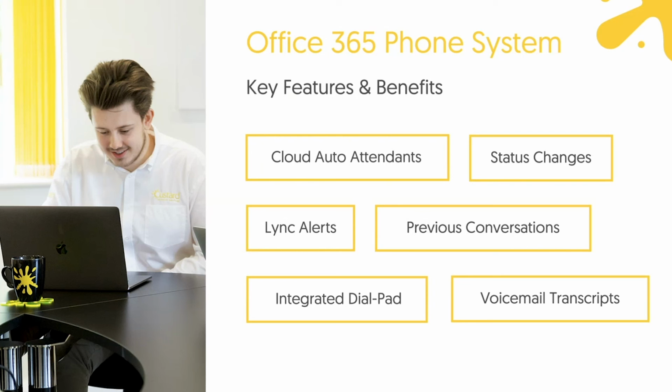So by default, you've got the available status, you've got a status called busy, and there's various other system statuses. So an example of where they might come into play is if you had a meeting booked in between 2 p.m. and 3 p.m. The system, Teams, will know exactly when you're going into that meeting at 2 p.m. It'll change your status to in a meeting and effectively enable do not disturb on your system.